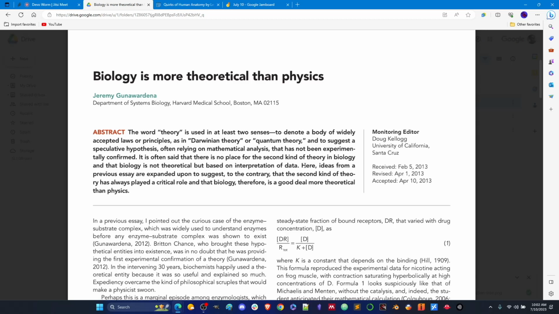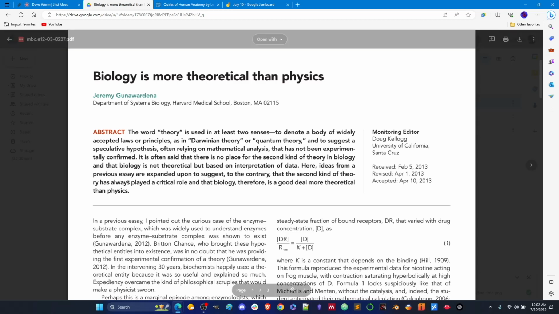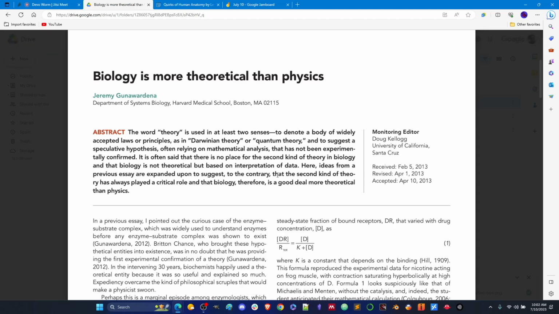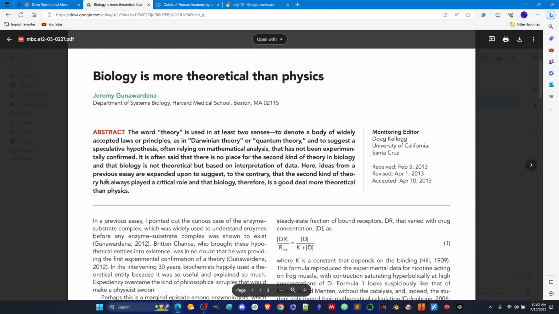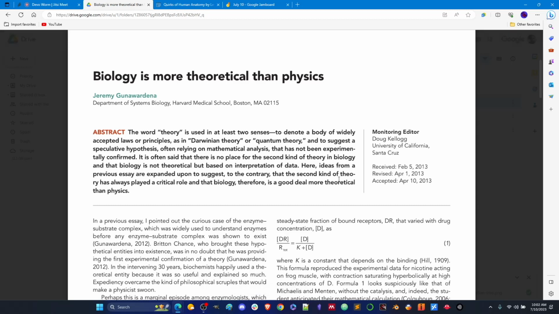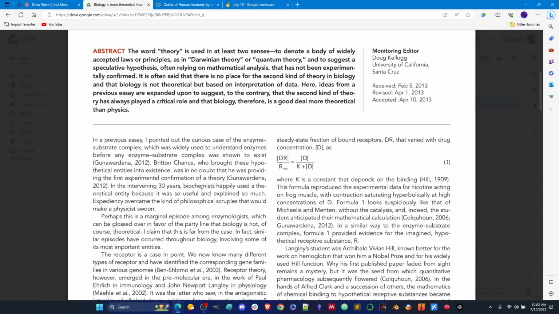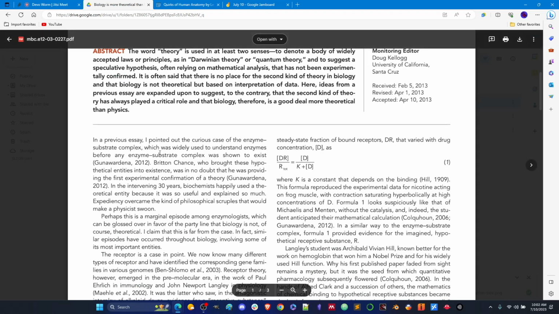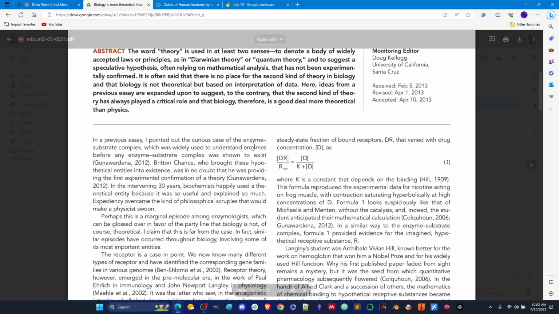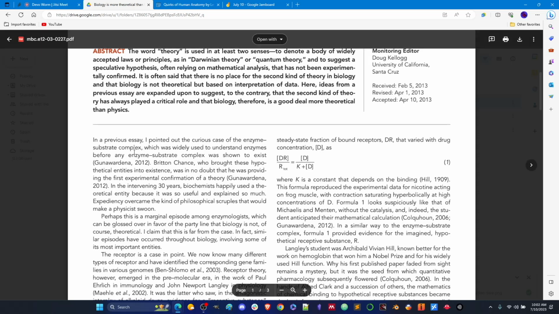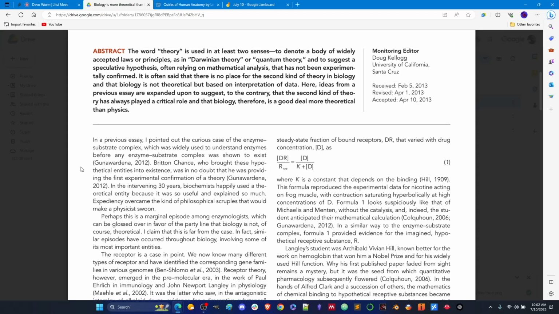I don't know, but anyways, here ideas from a previous essay are expanded upon to suggest, to the contrary, that the second type of theory has always played a critical role, and that biology, therefore, is a good deal more theoretical than physics. And so this goes through some of these things. In a previous essay I pointed out the curious case of the enzyme substrate complex, which was widely used to understand enzymes before any enzyme substrate complex was shown to exist.